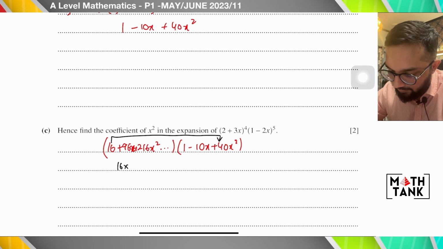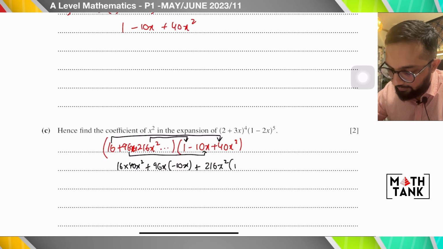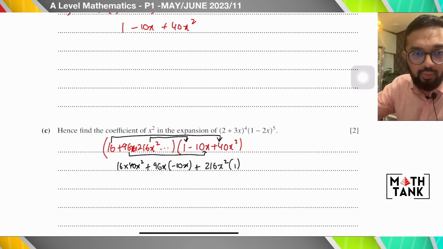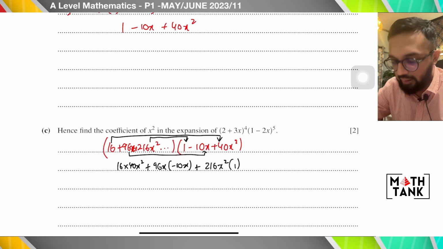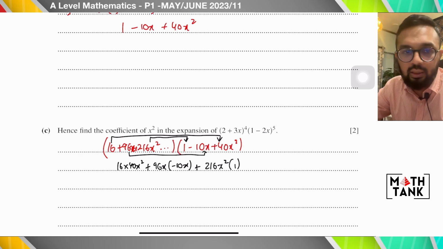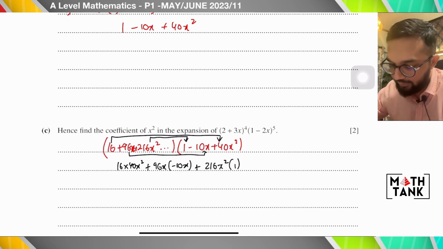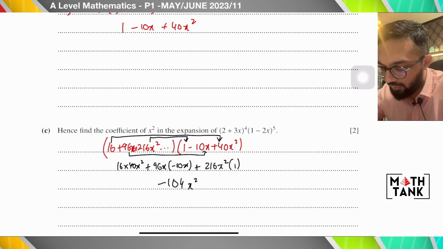So 16 into 40x squared, then 96x into minus 10x, and 216x squared into 1. So what do I get when I add all of these up? 16 into 40 plus minus 960 plus 216. I get minus 104x squared. I am just asking you for the coefficient, so my answer is minus 104.